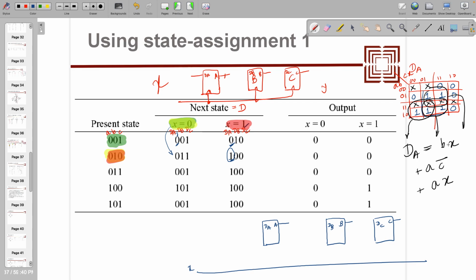So B ANDed with X, ORing with A C bar and AX.